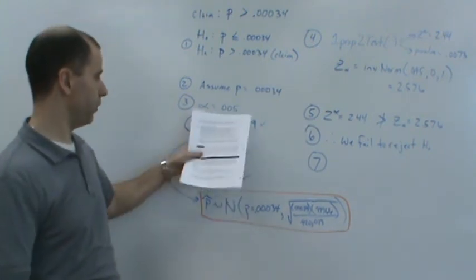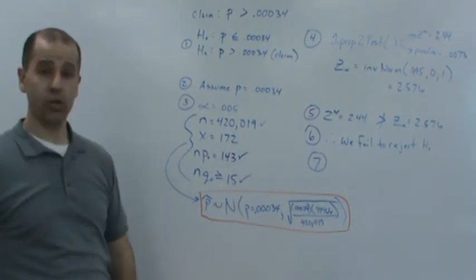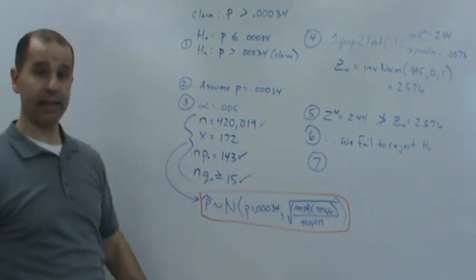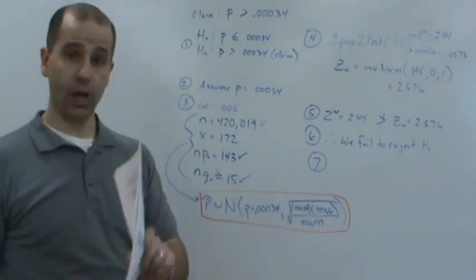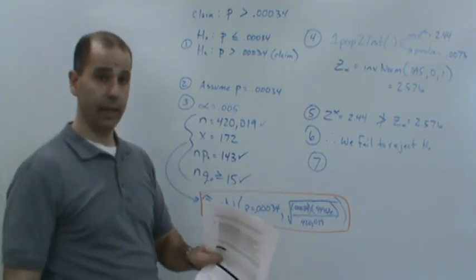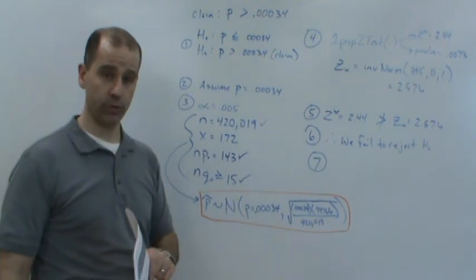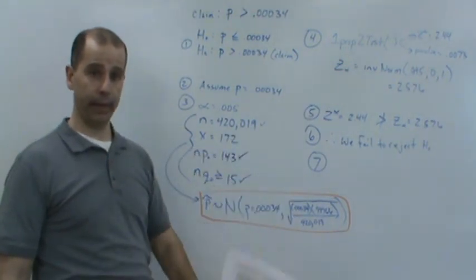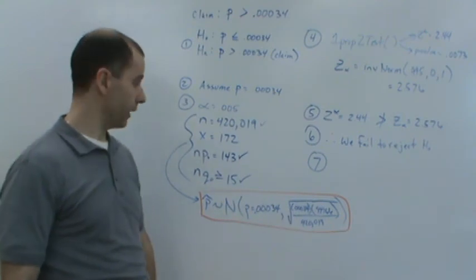So at an alpha level of 0.05, there is not enough evidence to support the claim that the proportion of cell phone users who develop brain cancer is greater than the proportion of non-cell phone users who develop brain cancer, based on the sample data. So that's it.